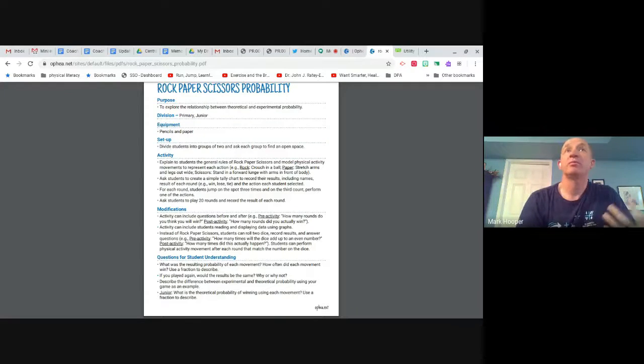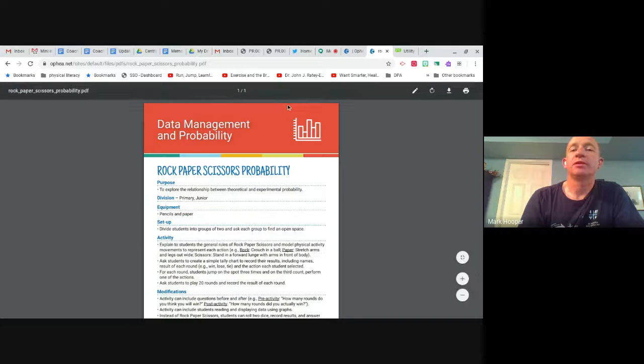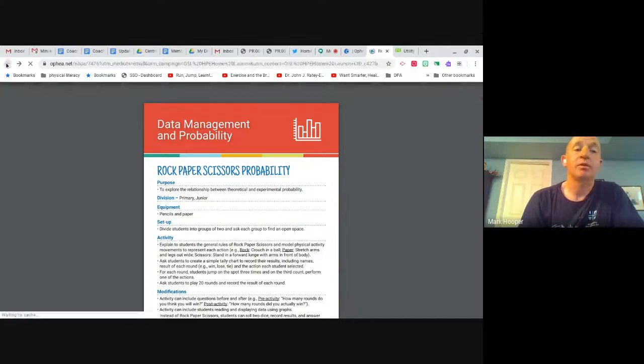And so they play rock paper scissors that way. And it's basically cross-curricular with math because they can actually record the probability of coming up rock, paper, and scissors. So that's just one example. They have a lot of cross-curricular with math, with numeracy.